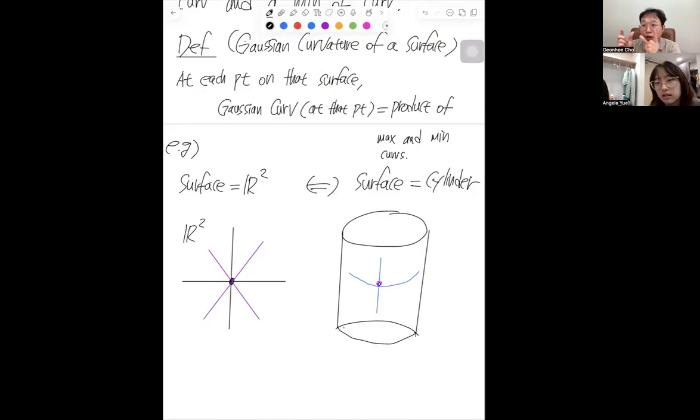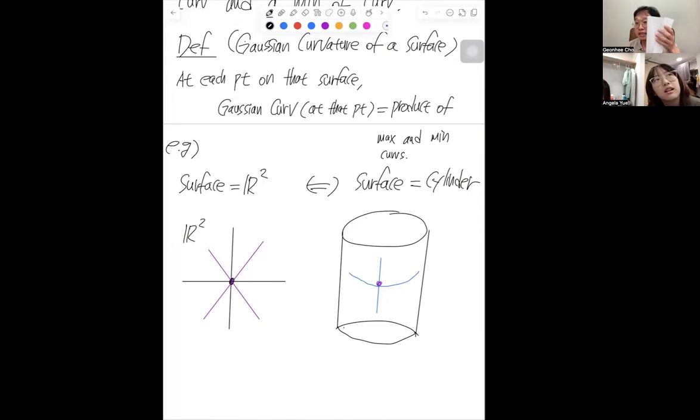So if you multiply those two curvature values, what is it? Zero. So as a surface, this is my plane, just a blank paper. You can just fold it like this. So geometrically, they are the same.